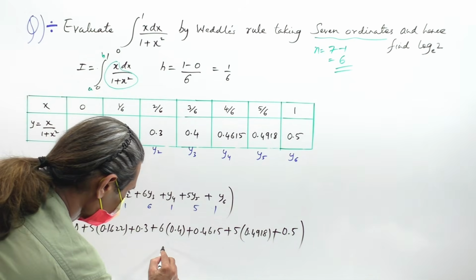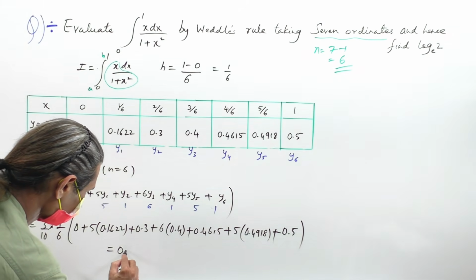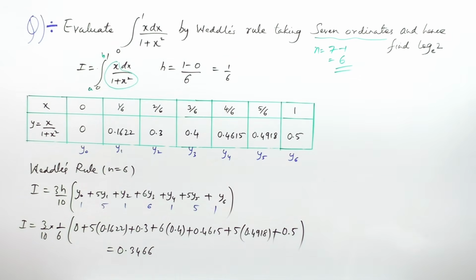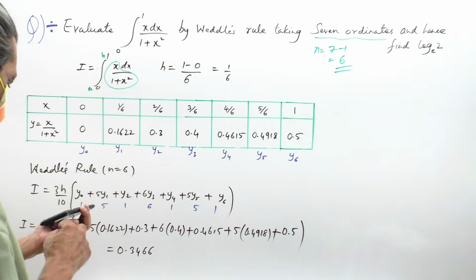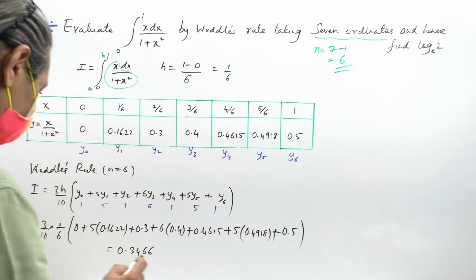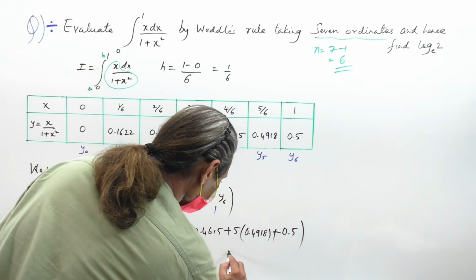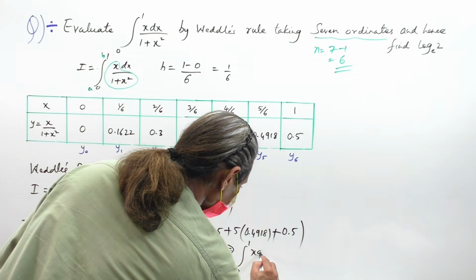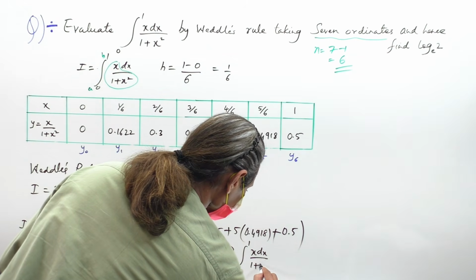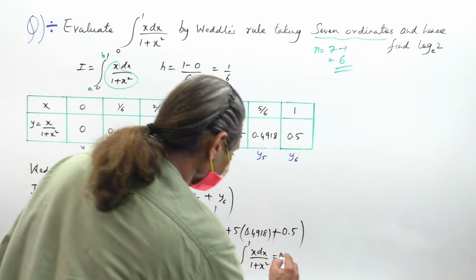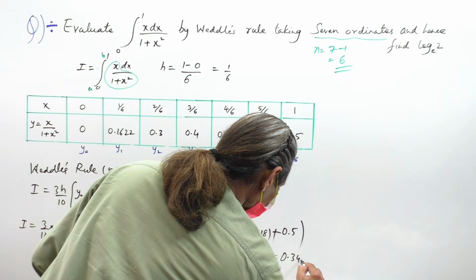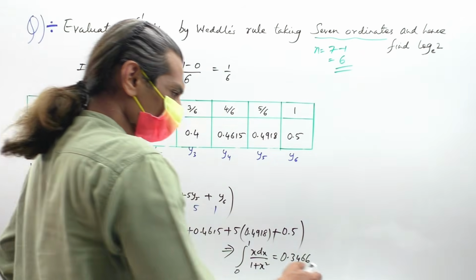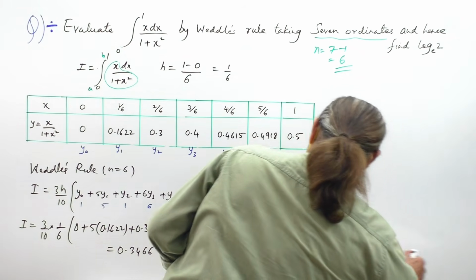It's coming as 0.346575, which I approximated to 0.3466. Therefore, the integral from 0 to 1 of x dx over 1 plus x squared is equal to 0.3466. That's the final answer. That's all. Underline it.